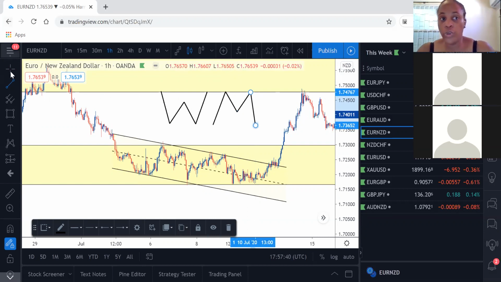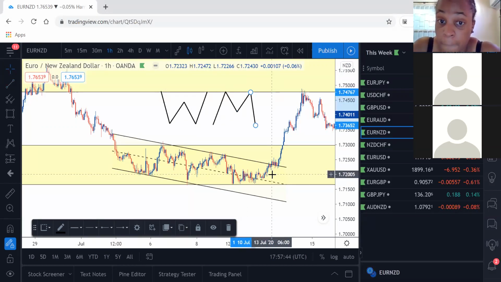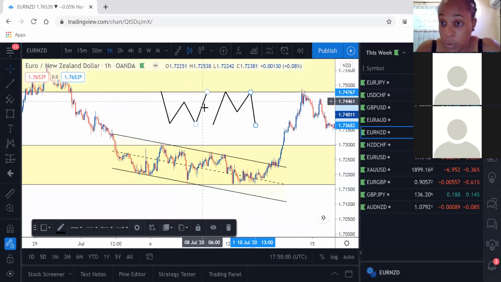So which one do you use for which channel? For a descending channel, remember, we're looking for the market to break up to the upside, and for that reason we will be looking for a W. So descending channels, we're looking to trade a W pattern.